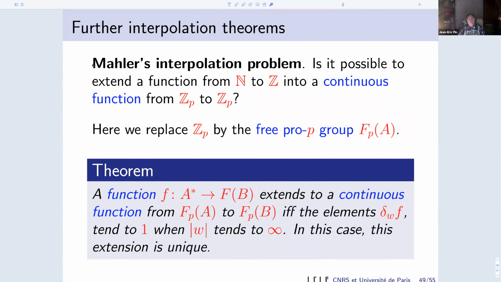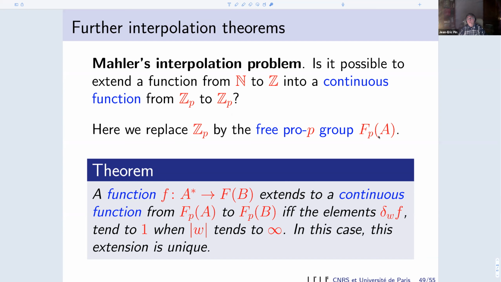This was actually in Mahler's original paper. He asked whether it's possible to extend a function from N to Z into a continuous function from the p-adic numbers to itself. And here we replace the p-adic numbers Zp by the free pro-p group.